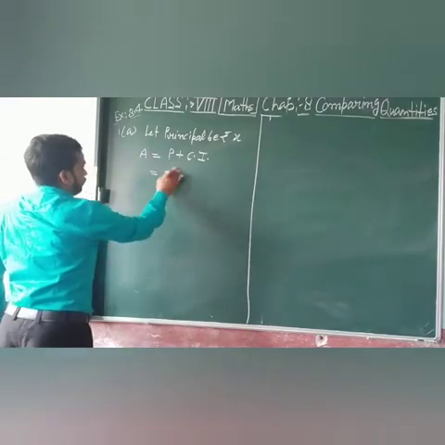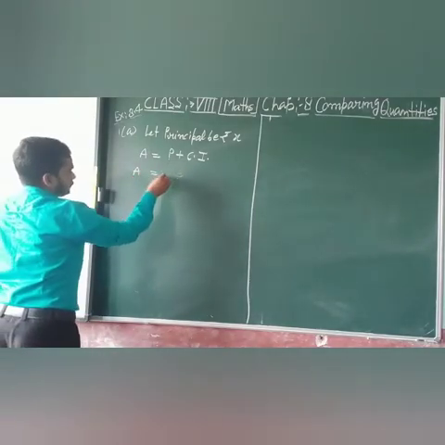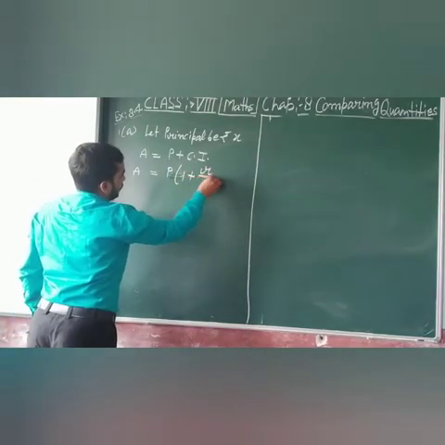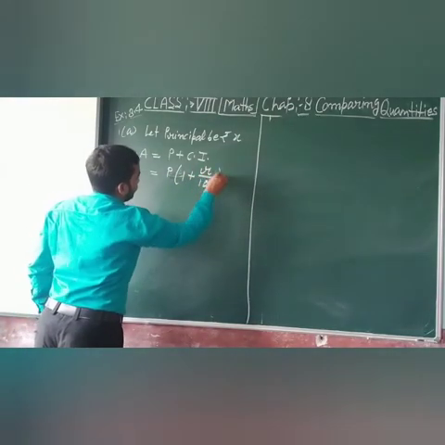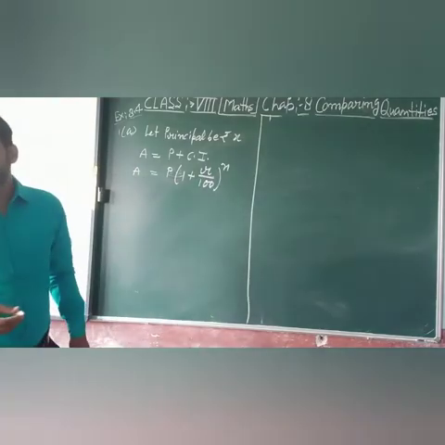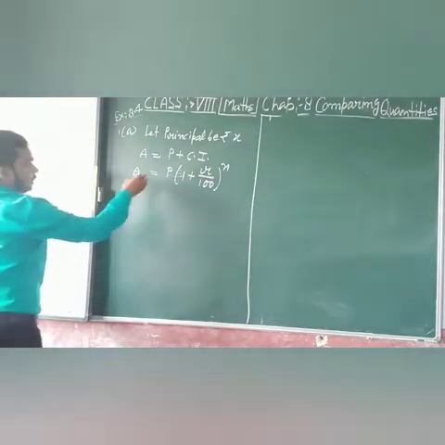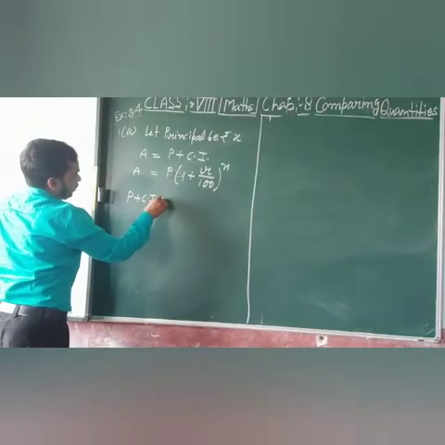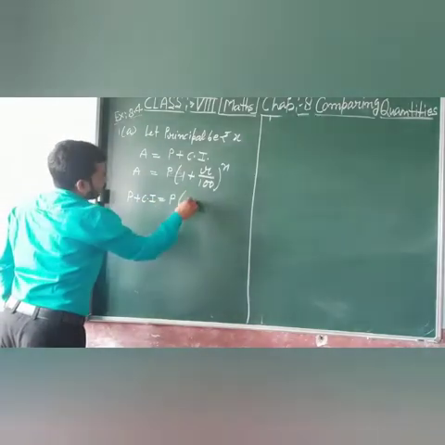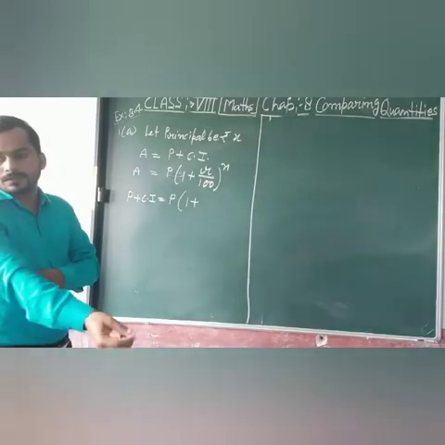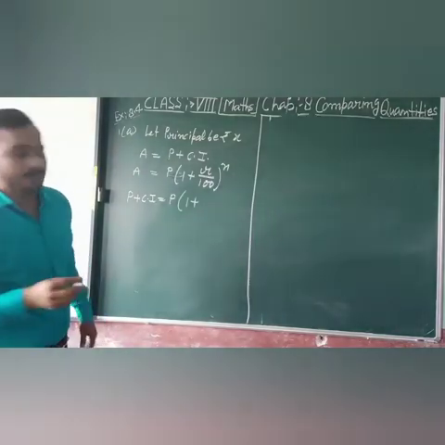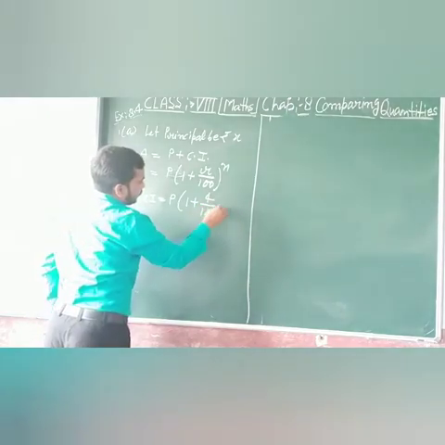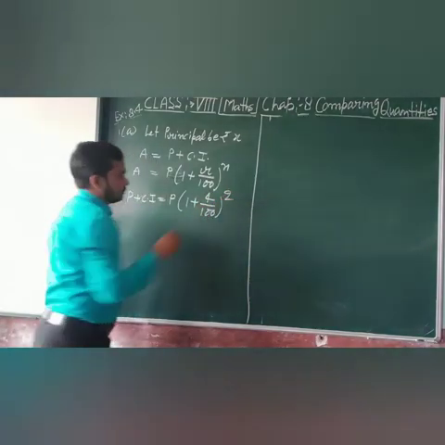So apply the formula of amount A equals P bracket 1 plus R upon 100 whole power n. And amount equals P plus CI, so P plus CI equals P bracket 1 plus rate. The rate is given 4% per annum, 1 plus 4 upon 100, and time is given 2 years, so whole power 2.